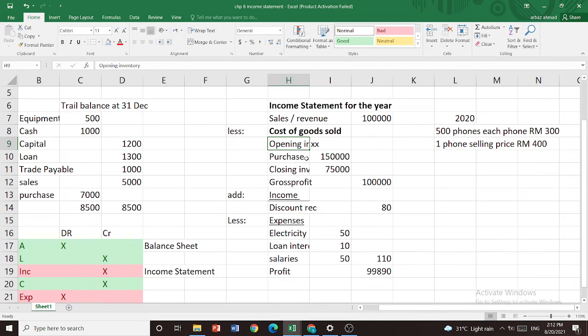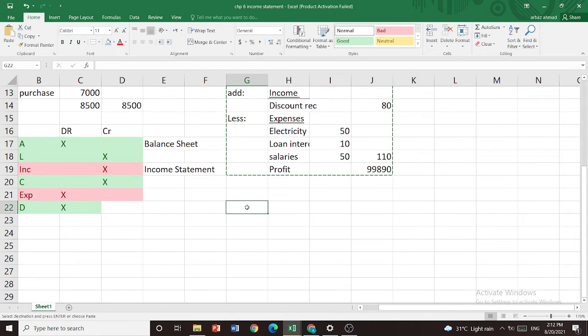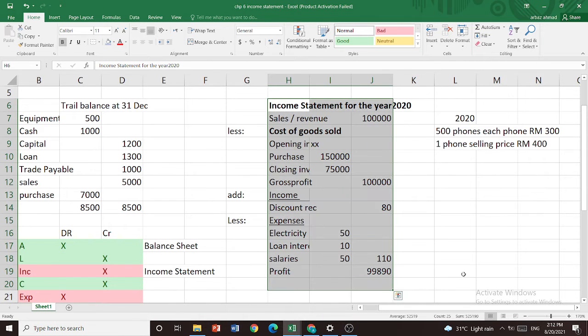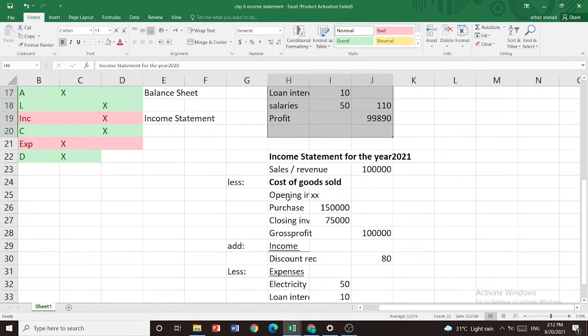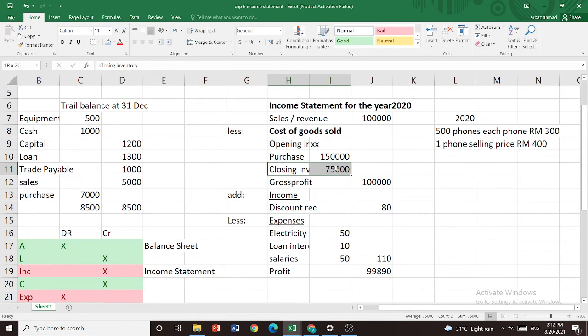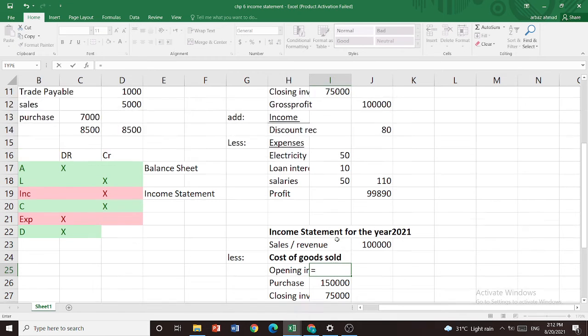Now what is opening inventory? Let's say this is year 2020. When you make the income statement for 2021, I will copy this, and let's say you are making the income statement for year 2021. You already did 2020, now you are in 2021. Now this closing inventory here will become the opening inventory for this year.